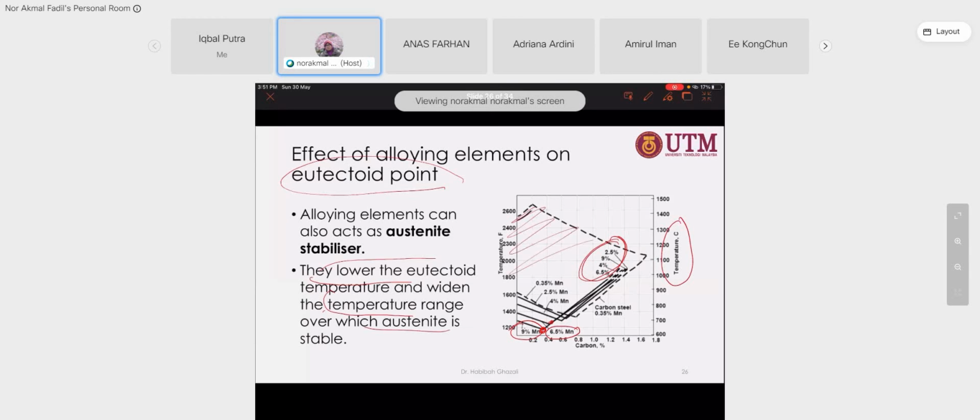So the region of austenite is wider, and for this one it is limited only to this region. The temperature range for unalloyed carbon steel is limited, smaller compared to alloys containing a range of manganese.